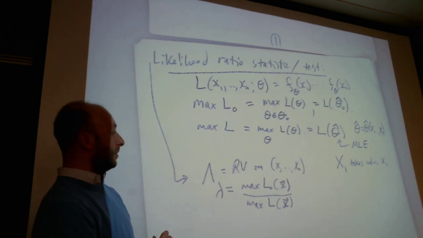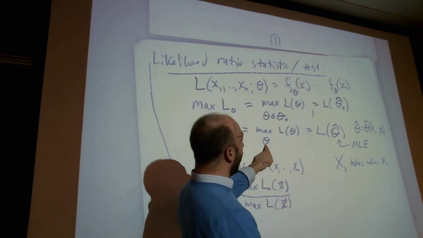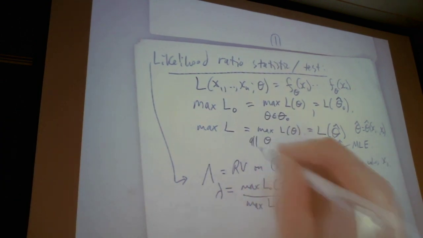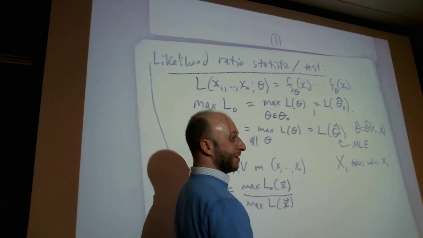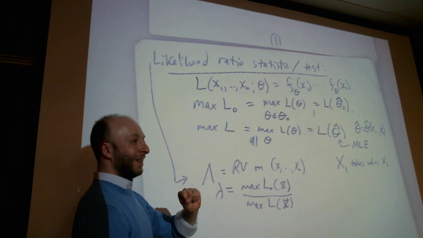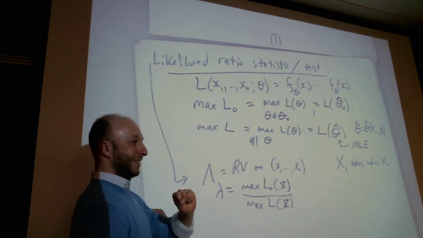Where is theta in the second line? In the second line, all theta, so the thetas that are in theta 0 and theta 1. Yep, all theta in the domain of thetas. So I'm taking the ratio of the thetas in the null hypothesis divided by the total. That's right.